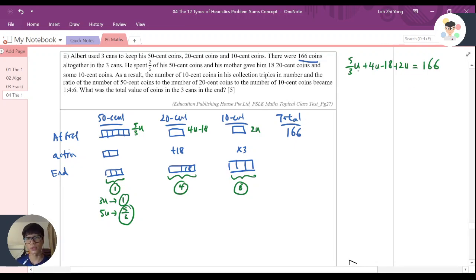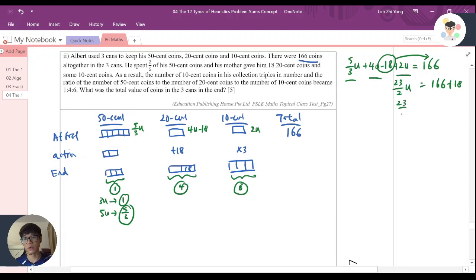Now, once we know this, let's try to add all the units together first. And this minus 18, let me move it to this side to become 166 plus 18. So let's press our calculator. 5 over 3 plus 4 plus 2 is equivalent to 23 over 3 units.